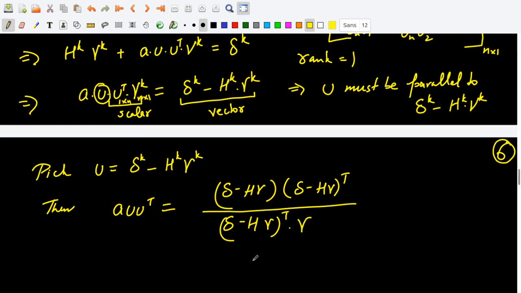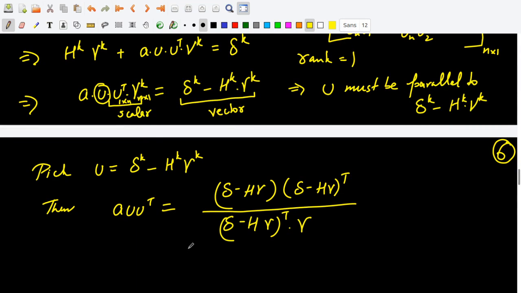So one thing about quasi-Newton methods is that we will see many terms like this, where a vector is multiplied by its transpose, and also a vector being multiplied by a vector. So this is really a scalar in the denominator. This is a 1 cross 1 matrix, and this is an n cross n matrix.